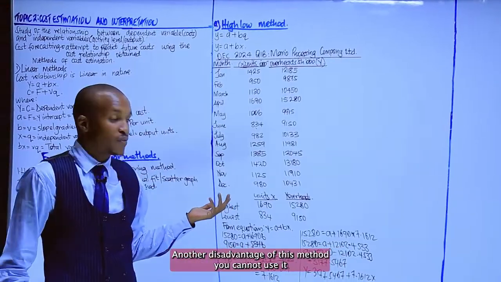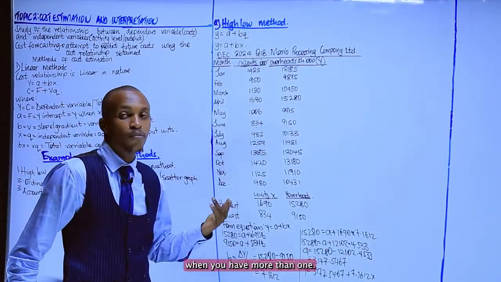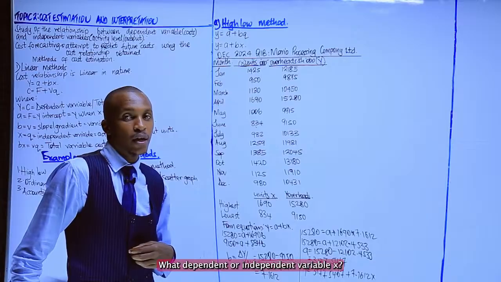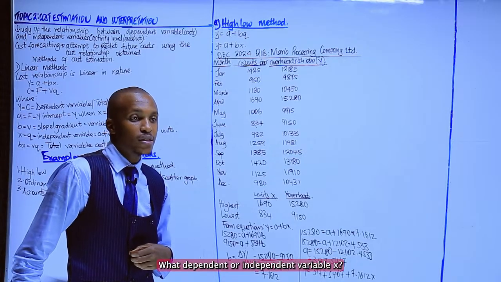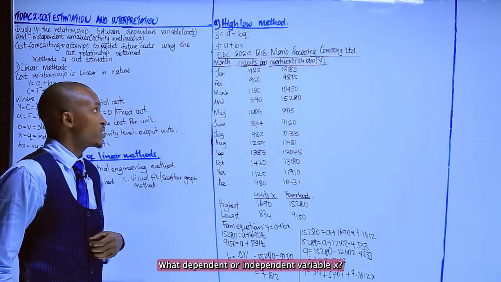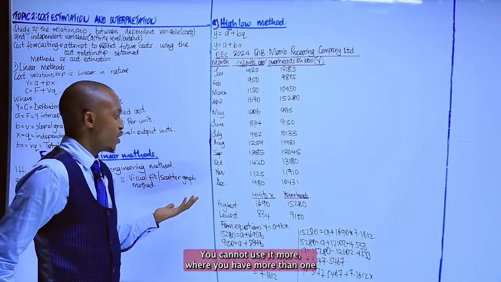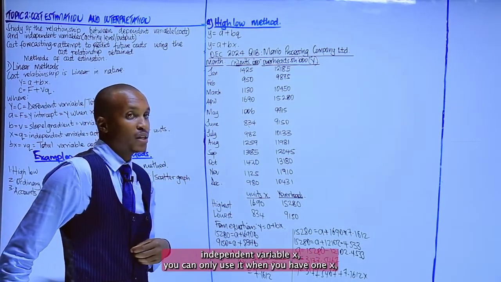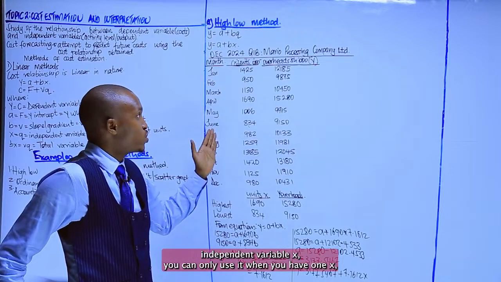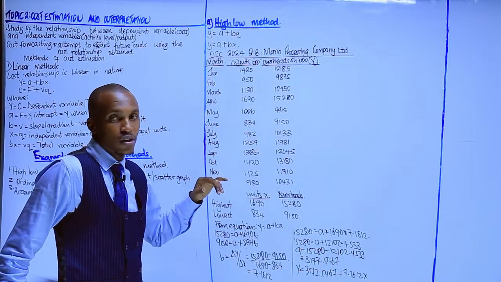Another disadvantage of this method, you cannot use it when you have more than one independent variable x. You can only use it when you have one x.